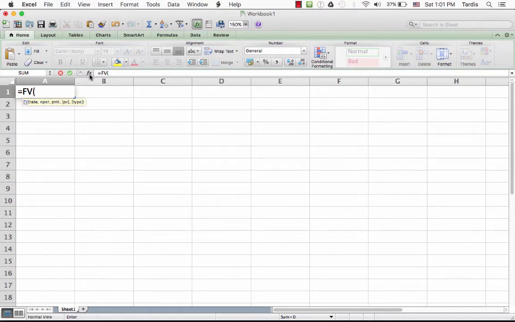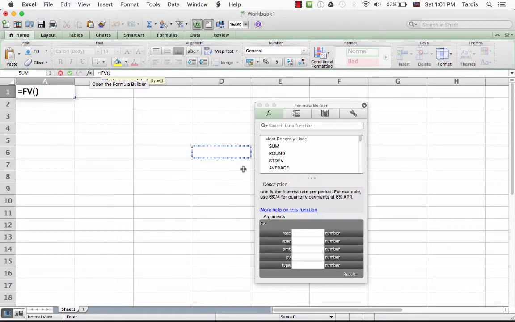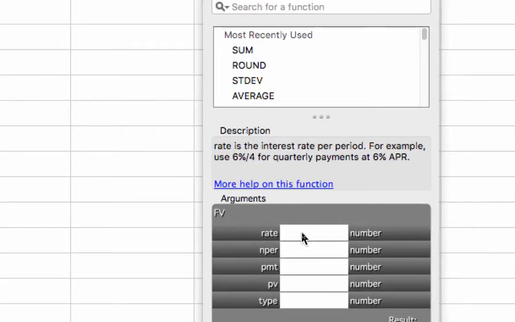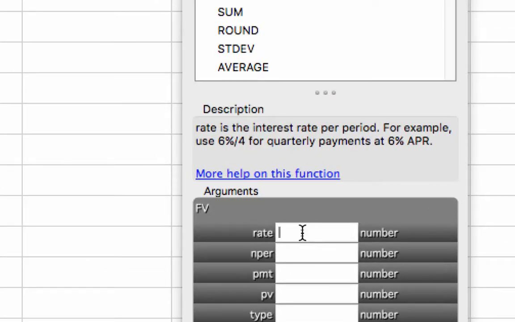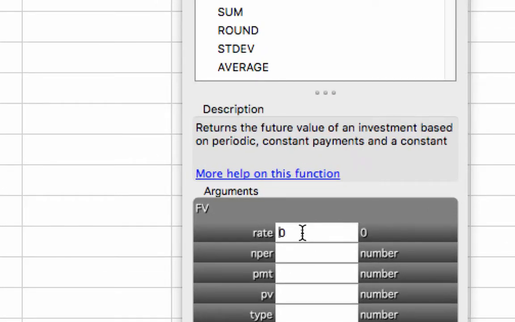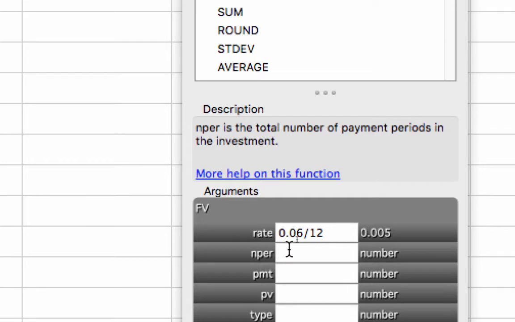You can hit the little fx button, and that brings up a box where you fill in the values. The rate is 0.06, the interest rate per period, so you need to divide this by 12. The rate here is i, the interest rate per period.